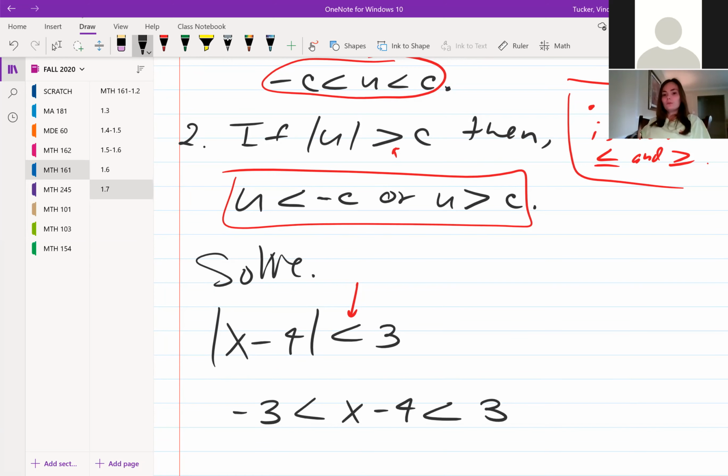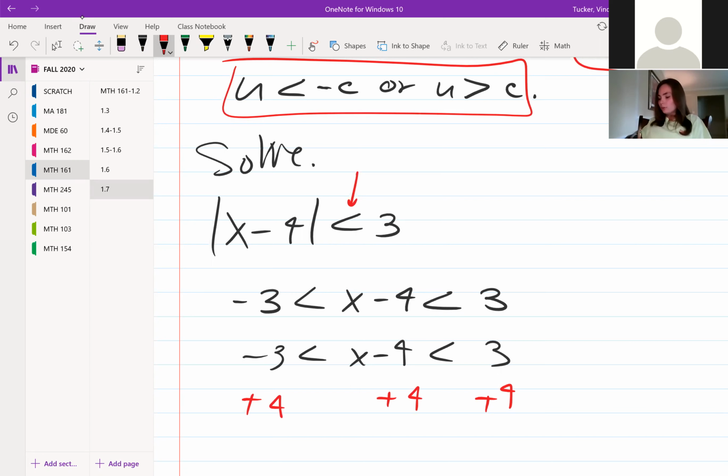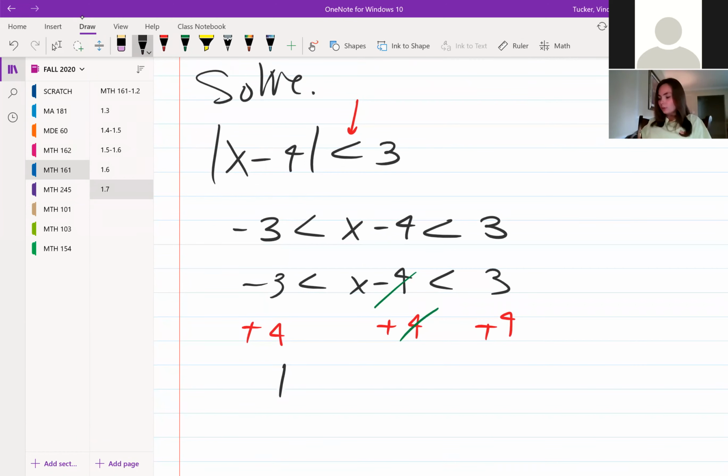So now we can solve the three-part inequality by adding 4 to each piece. So the answer is 1 is less than x and x is less than 7.